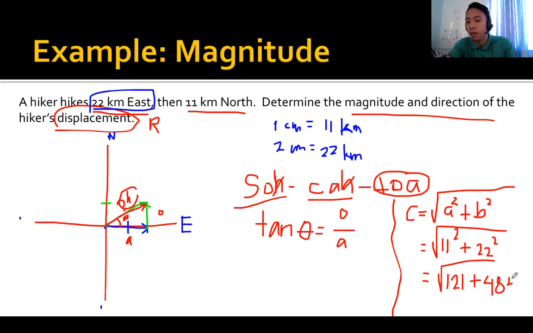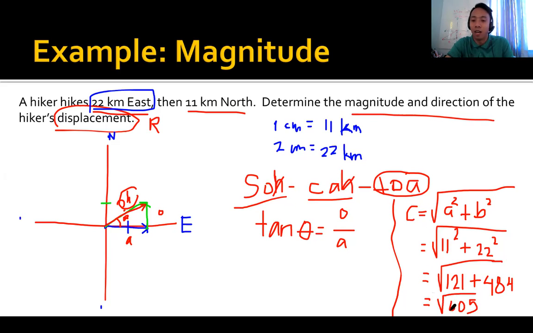Now, we need to add these two. 121 plus 484, that will be 605.